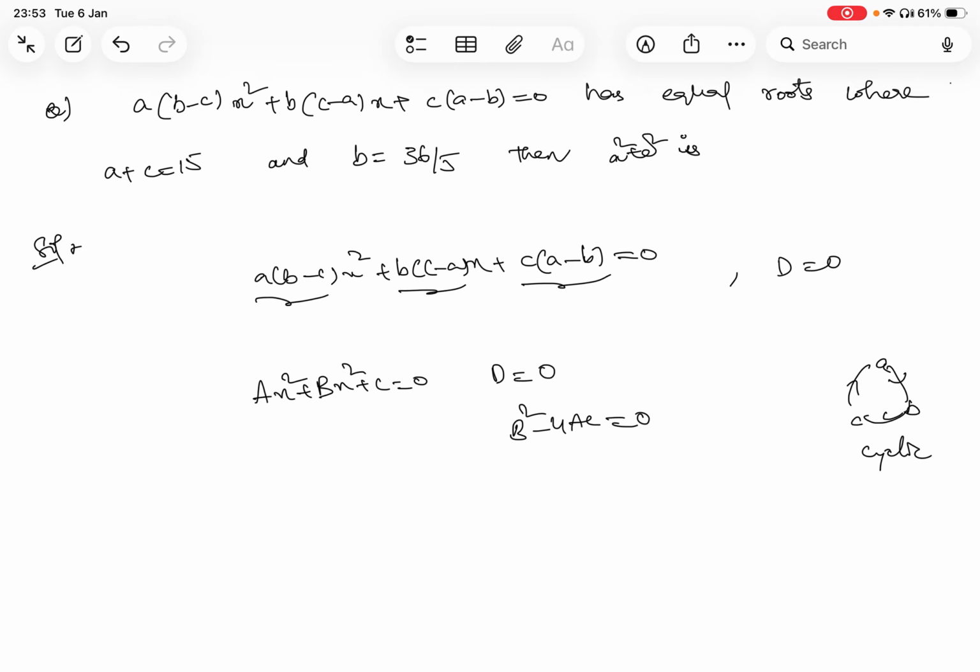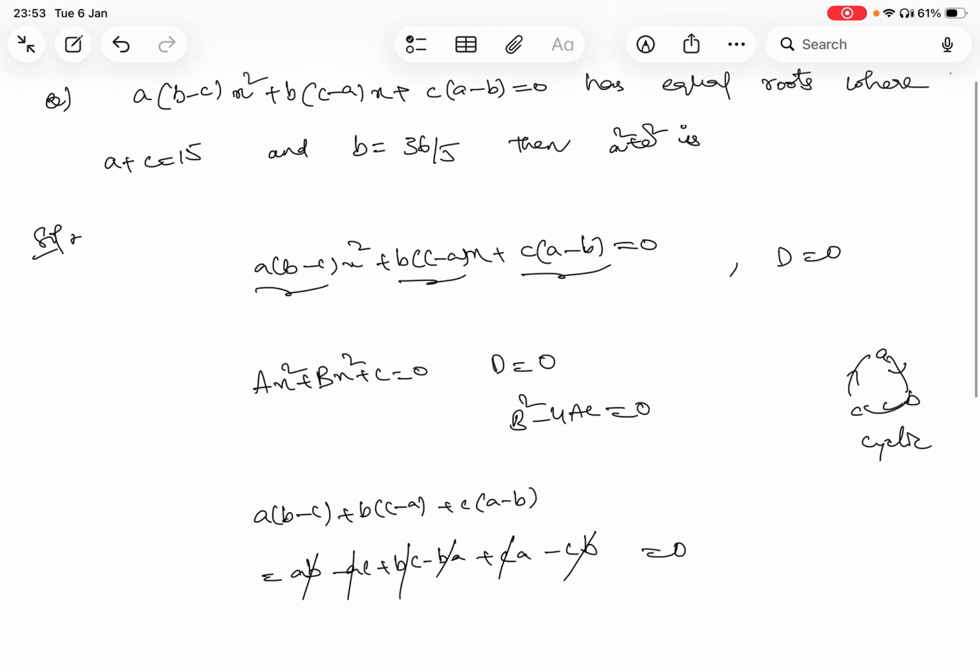As you can see, these cyclic coefficients, a(b minus c) plus b(c minus a) plus c(a minus b), will become ab minus ac plus bc minus ba plus ca minus cb, right? These are getting 0.